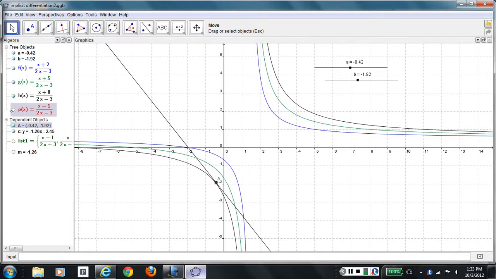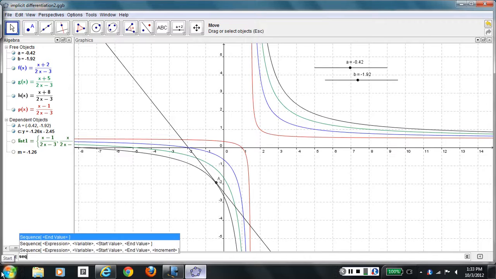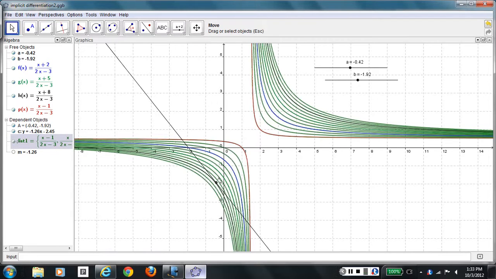Or we could do, I had one more, but then there's a nice way where, try it sometime, you can define a sequence of whatever you want, a sequence of points, a sequence of curves, and so I just did a bunch of them, a whole family of curves, and all I'm doing each time is changing that number.